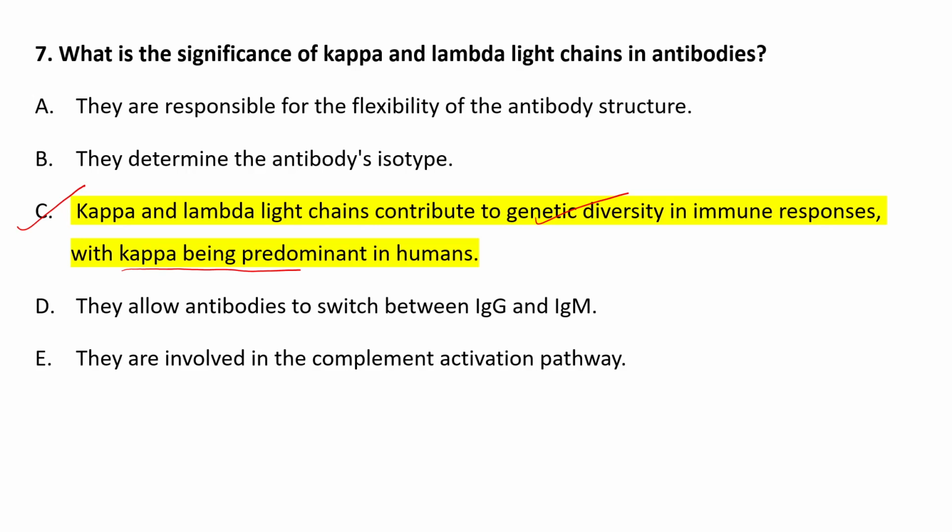In the case of humans, in the light chain, kappa is about 60%, and lambda is about 40%.